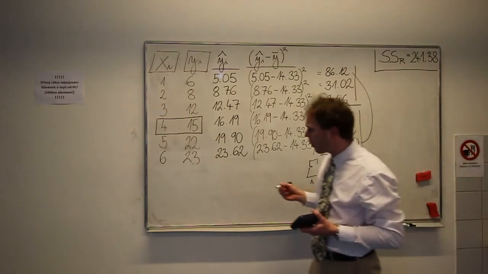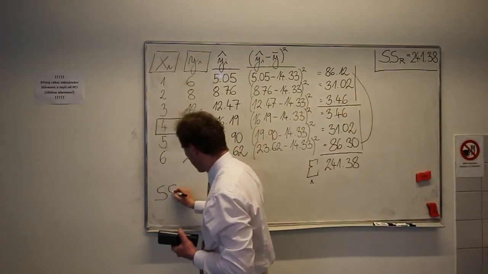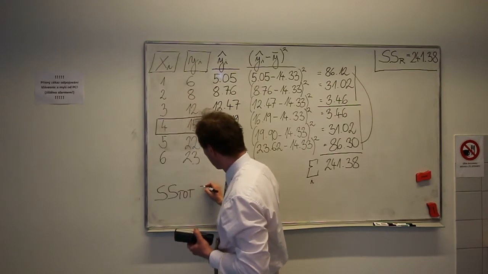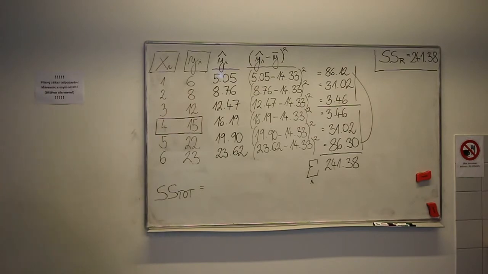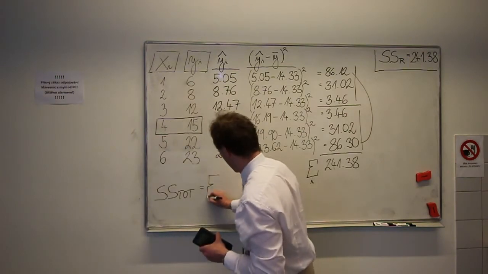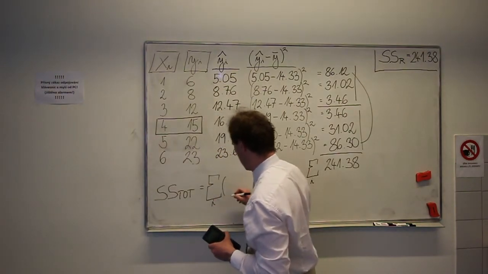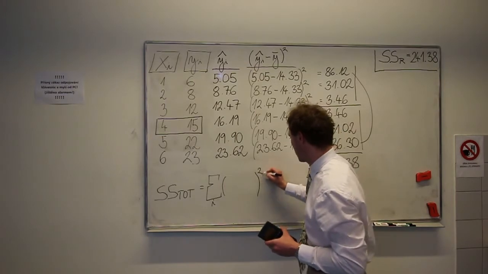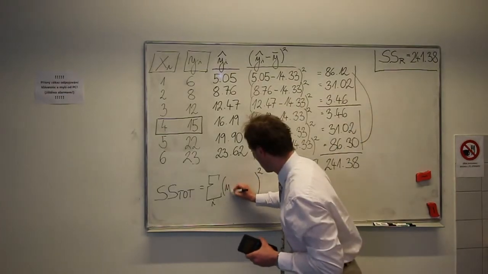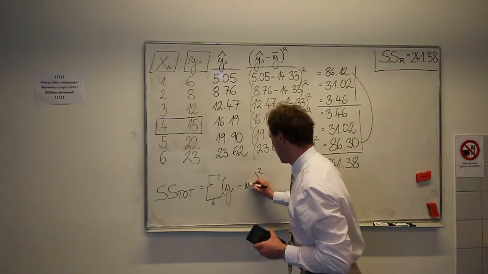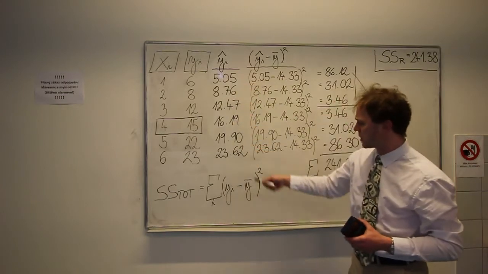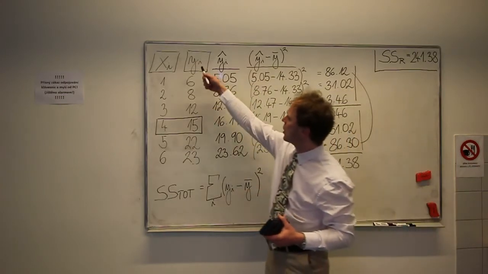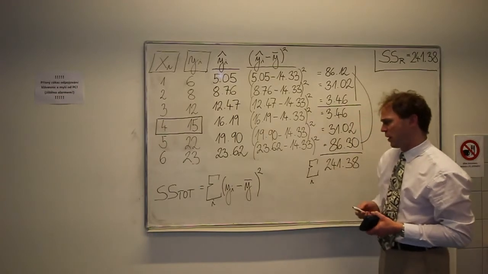And what now? We need to calculate the total sum of squares. So I will check the formulas, and the total sum of squares is calculated as the summation through all E of the squared differences between YE and Y mean. So not calculated values, but the original values of the dependent variable.